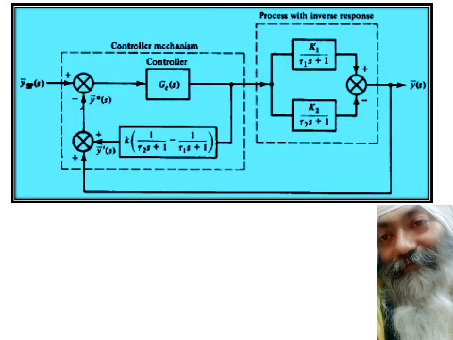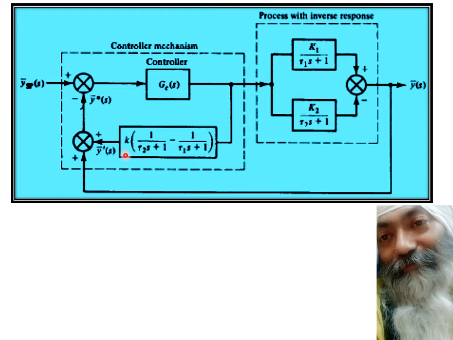Let us have a look at this figure again, and we will add one compensator to it. As you can see over here, along with the initial process which we had seen in the previous figure, we have this additional block, and this additional block is known as compensator, and this is going to compensate for the positive zeros which you are getting, and on account of that we will be able to see that the inverse response is tamed.